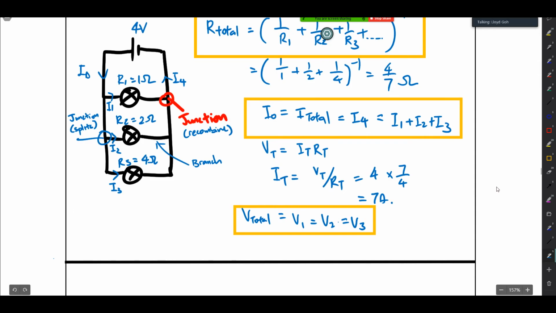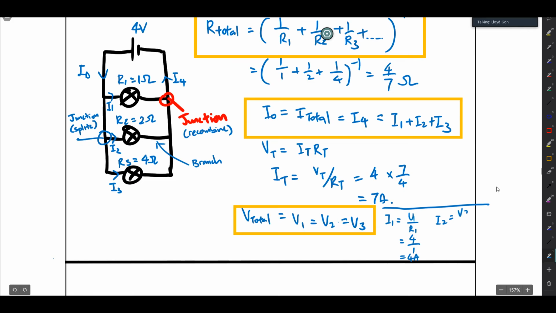So if the potential difference across every branch is the same, in other words, we are actually able to calculate I1, I2, and I3 now, because we have R1, R2, R3. Just do a quick calculation. I1 equals V1 over R1, which is 4 over 1, which is 4 ampere.